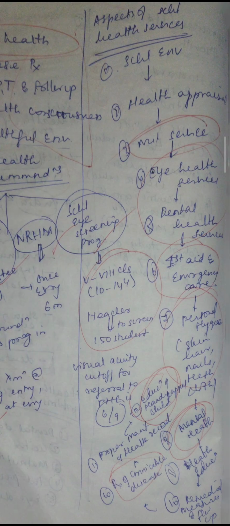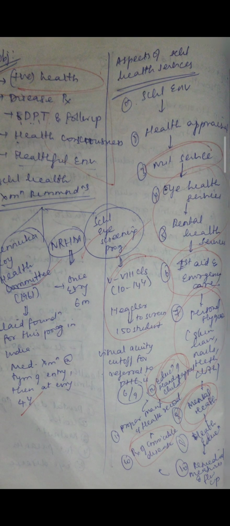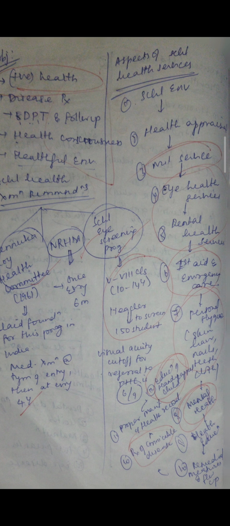Talking about the aspects of school health services, the aspects we focus on are the same as whatever we have discussed till now: school environment, environmental safety, health appraisal, nutritional service to avoid malnutrition, eye care services, ear care services, dental service, mental health services, personal hygiene, first aid and emergency care, health education, and prevention of communicable disease.